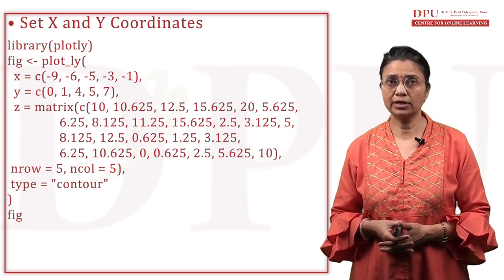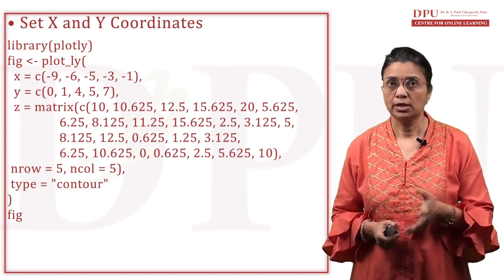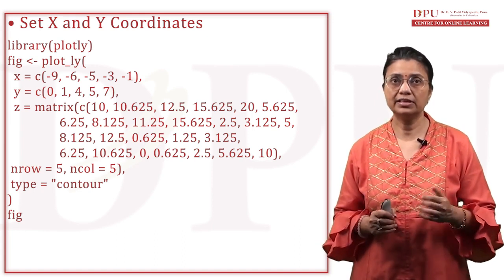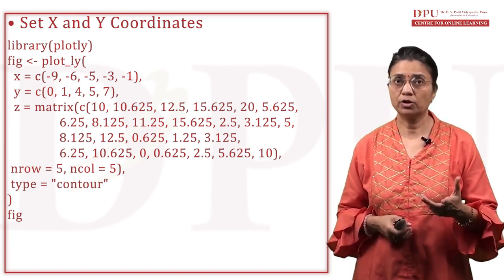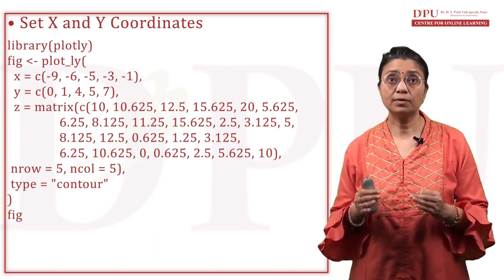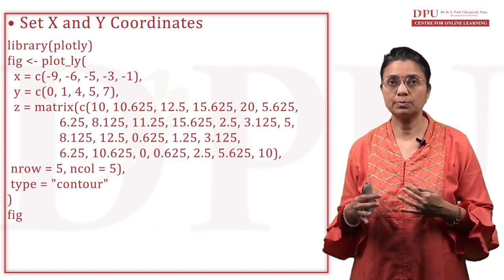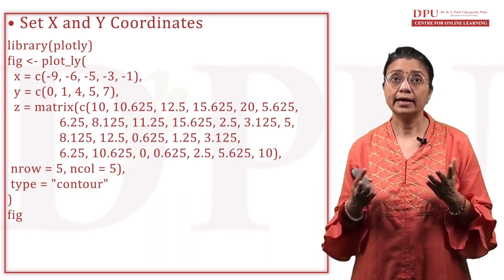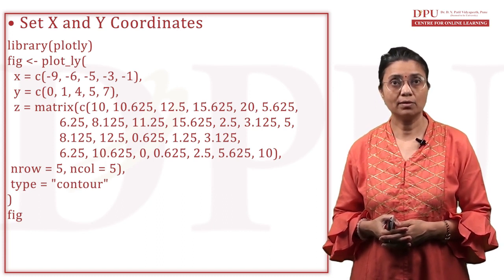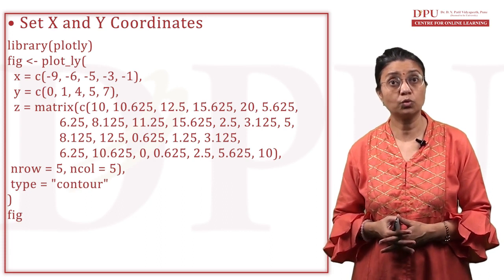Now if I want to set the x and y coordinates, what will I do? In the first line I have loaded plotly with the help of library. I repeat, plotly is my package. In that I'm calling the plot_ly function, and I'm passing certain parameters. Let's have a look at what these parameters are. x is my range of values on the x-axis, y is my range of values on the y-axis, and z is my matrix, with values in the form of rows and columns.